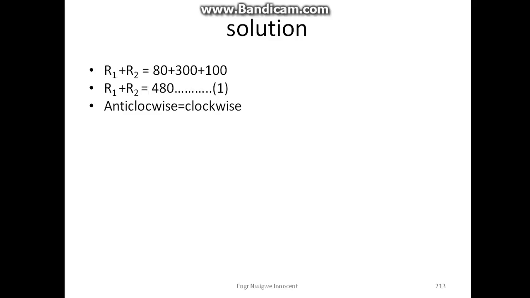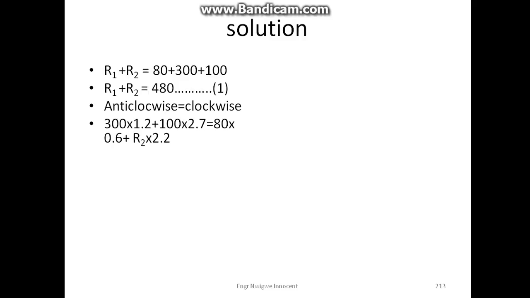Anticlockwise moment equals clockwise moment. Then, taking moments about the reaction R1, we have that 300 Newton at point C, which is the clockwise moment, times 1.2, which is the distance from the force 300 to the fulcrum point B or R1.